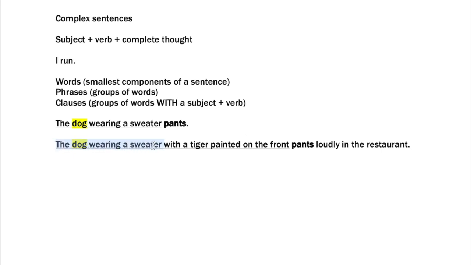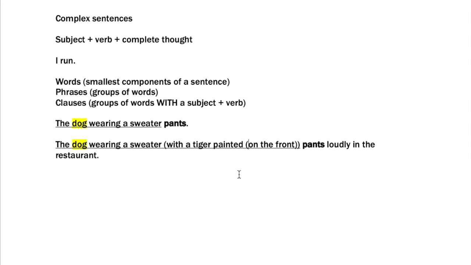So we've got lots of components here. The dog wearing a sweater with a tiger painted on the front, that is still our subject. And so we have this long drawn out sentence, and we've got a few different things going on. We have a prepositional phrase with a tiger painted on the front. Really we have two, a prepositional phrase within a prepositional phrase. These prepositional phrases are telling us more about the dog.